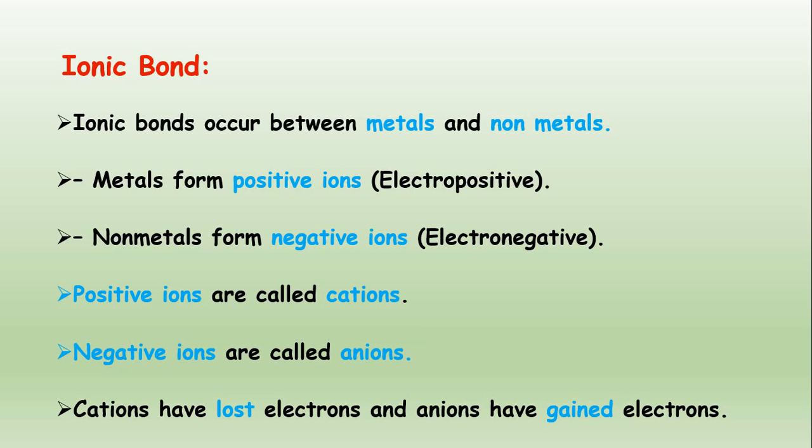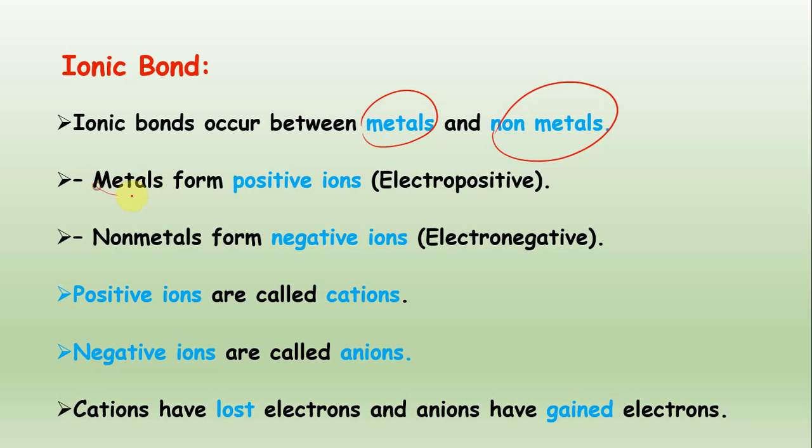Now what are the names for the positive and negative ions? This is another detailed piece of information. Ionic bonds occur between metal and non-metal. The ionic bond takes place between metals, which are on the left side of the periodic table, and non-metals, which are on the right side of the periodic table.